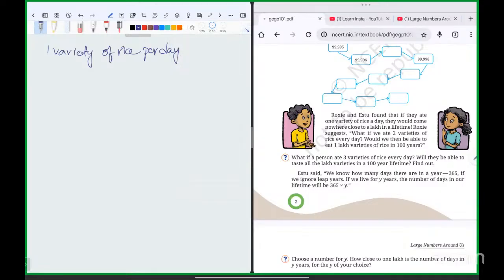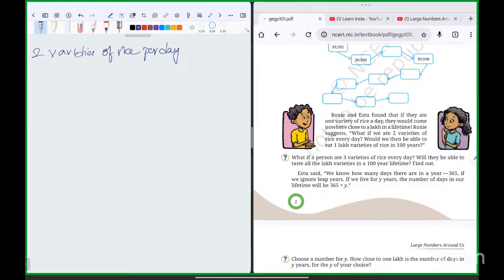So what they have decided is not one variety, but we'll eat two varieties of rice per day. Then would we be able to eat 1 lakh varieties of rice in 100 years? So the question is to find if they can eat 1 lakh varieties of rice in a lifetime of 100 years. So firstly, let's break it down.